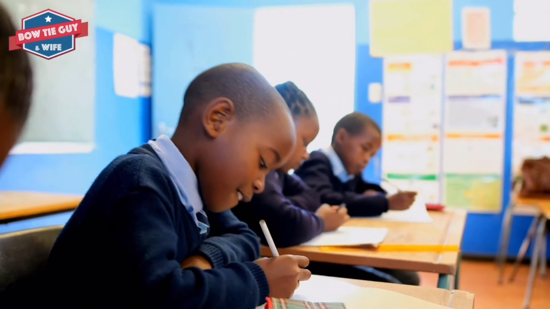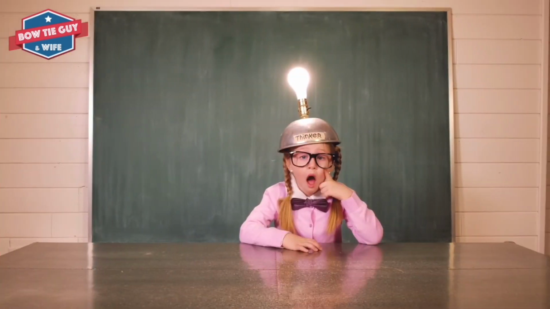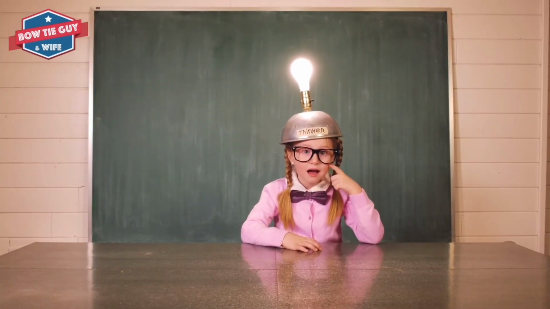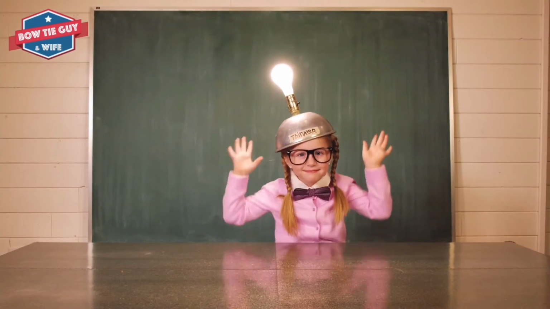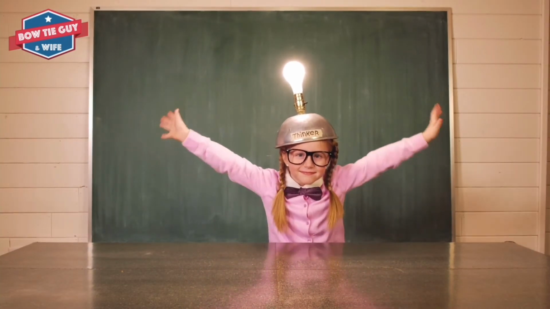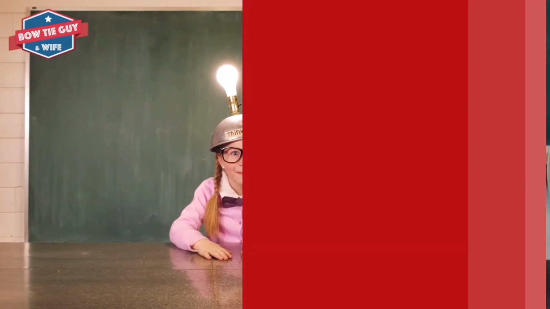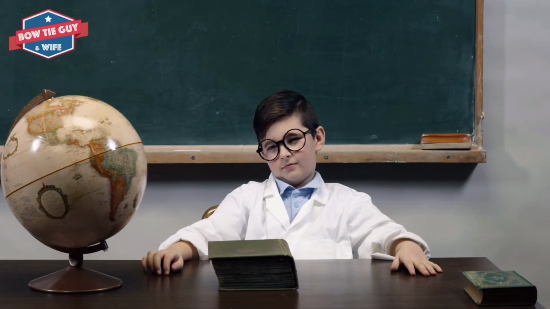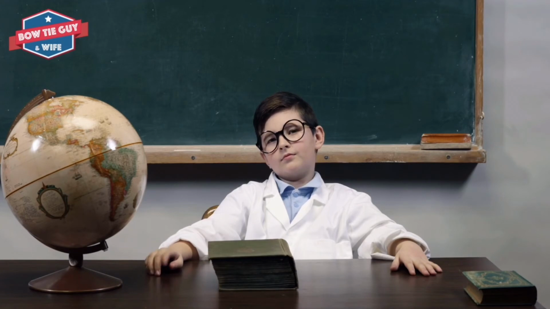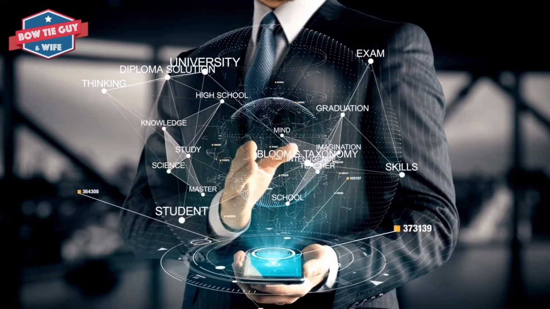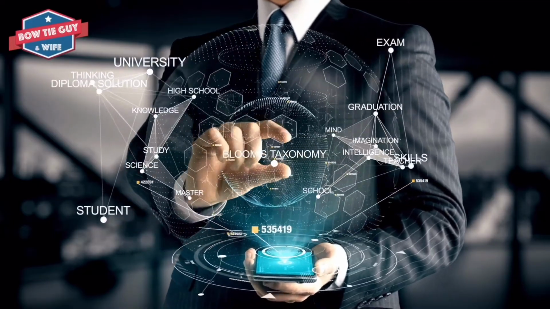Next up, we're getting high on the pyramid, high on Bloom's taxonomy, on the ratchet wheel of rigor. You evaluate. When you evaluate, you justify a stand or decision. This is when you defend, appraise, argue, judge, critique. So you can tell that you're ratcheting up the rigor. There are a lot of higher order thinking skills that need to be employed with evaluation.